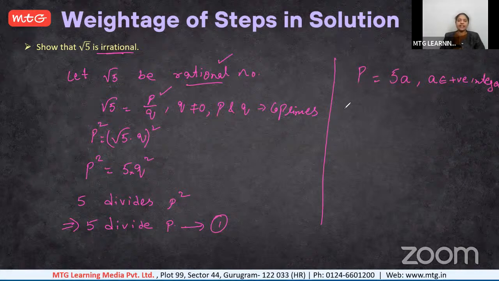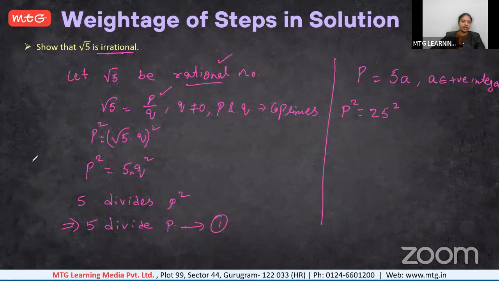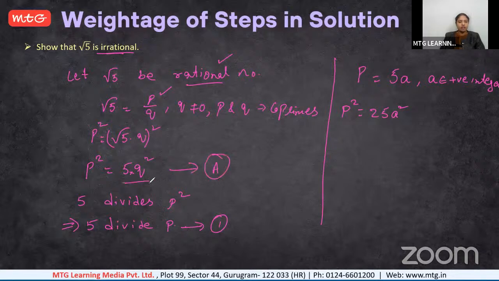Now, if I square it again, what will I get? P square is equal to 25A square. But I already have a condition here that P square is 5 into Q square. That I will use here. So 5 into Q square is equal to 25A square.